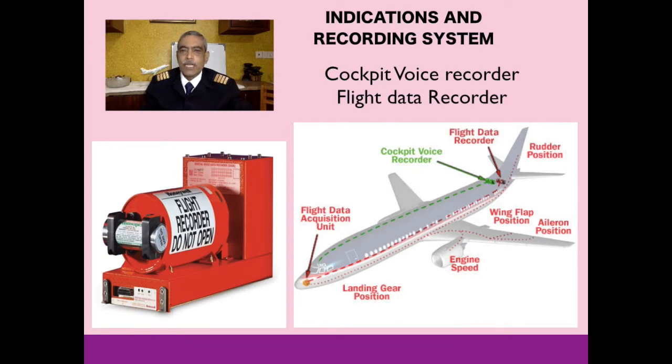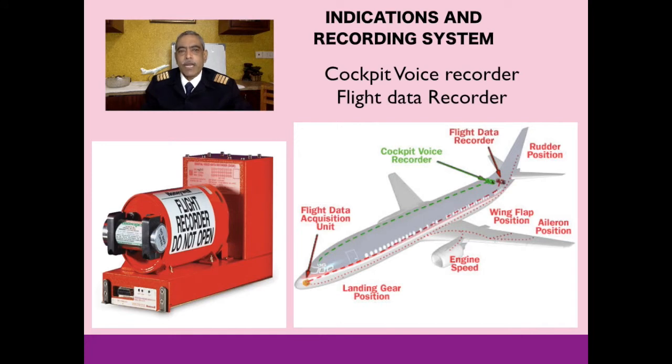It is usually located in the tail section, which is a safe section, and these are all highly well sealed, and well protected to withstand very high temperatures, very high pressures, and they are able to withstand any water ingestion, even if it falls in the sea water, and they all carry an inbuilt battery to transmit a signal so that it can be located in case of an eventuality.